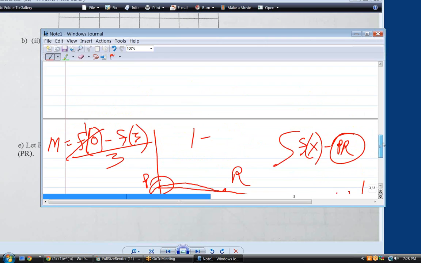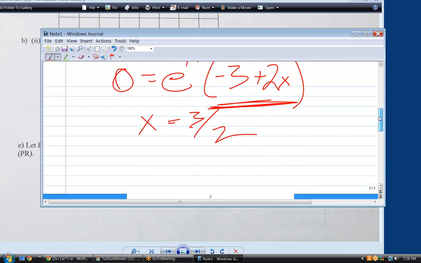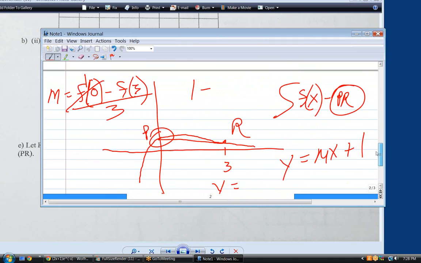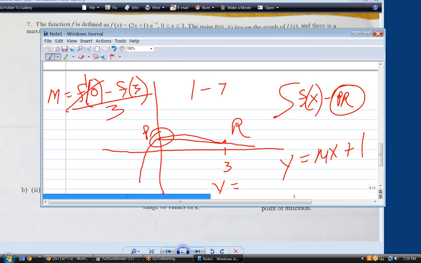F of 3 was 7 times e to the minus 7th. There's our rise, all divided by our run.